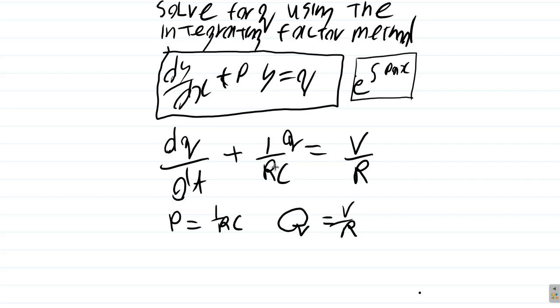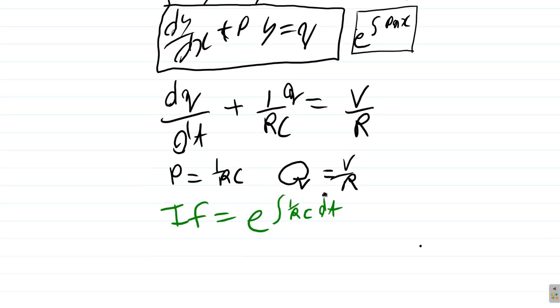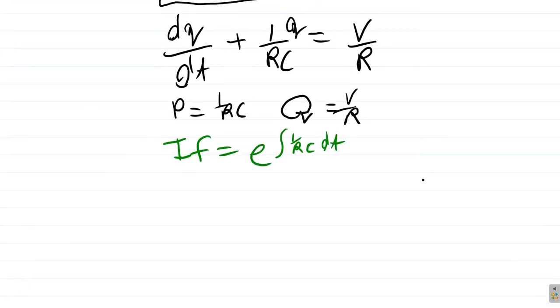Now, our p is 1 over RC. So our integrating factor here is e to the integral of 1 over RC, not dx now, because remember, t is taking the place of x, so it is dt.